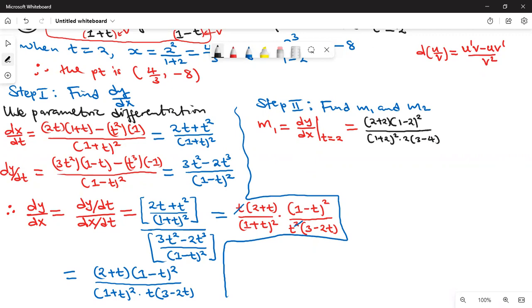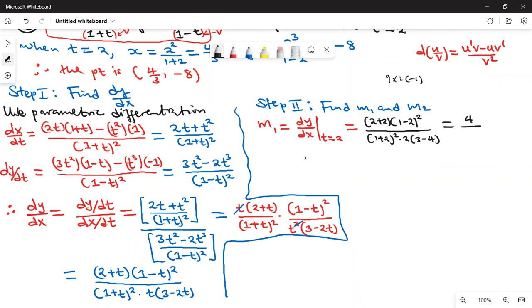Let's simplify this. In the numerator, we'll have 4 times negative 1 squared, which is just 4. What about the denominator? 1 plus 2 squared, that is 3 squared, which is 9, times 2, times negative 1.